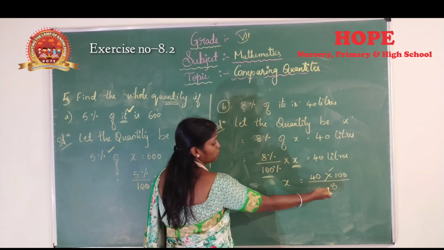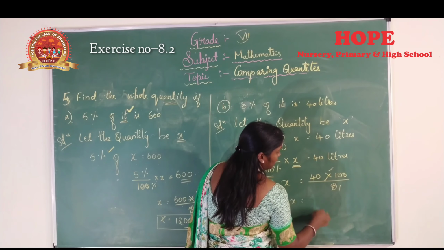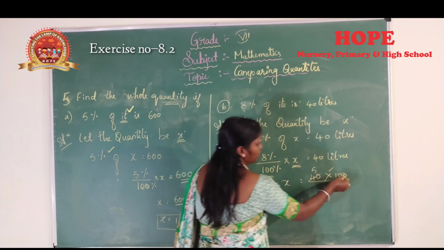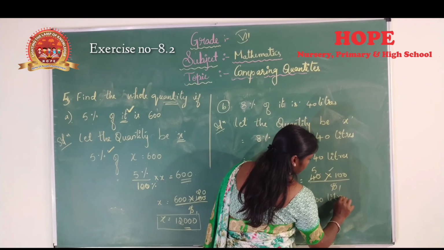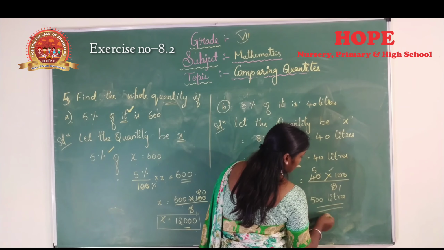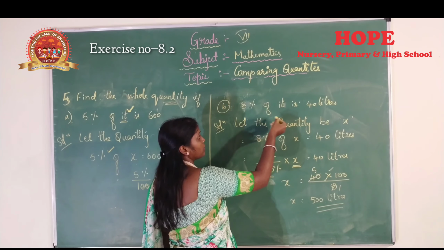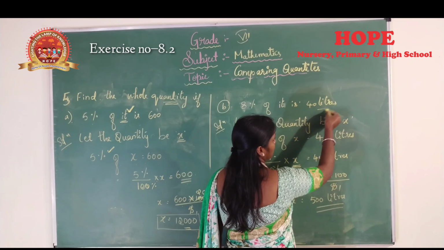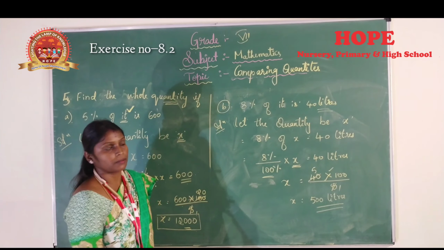The 100 moves to the numerator and the 8 moves to the denominator. 8 ones are 8, 8 fives are 40. 5 into 100 is 500 liters. Out of 500 liters, only 40 liters, which is 8%, has been consumed, for example the biogas.